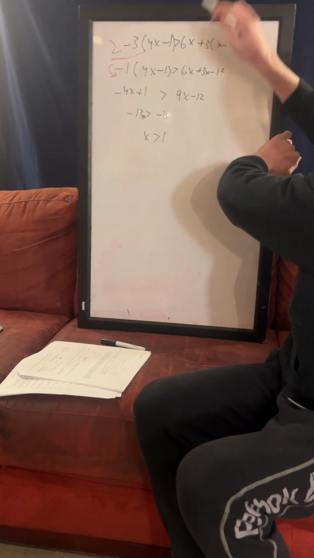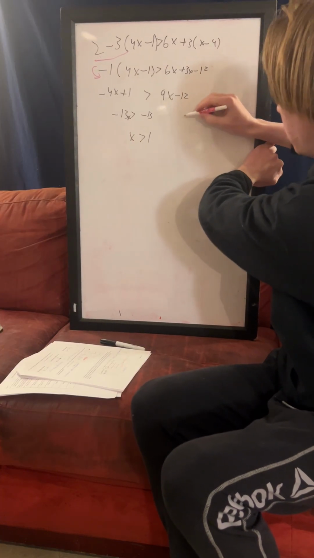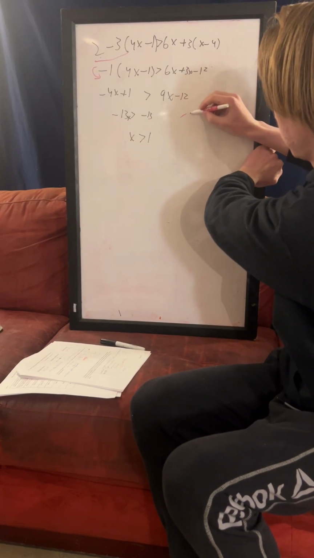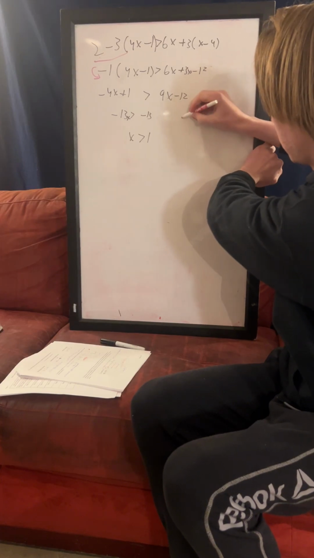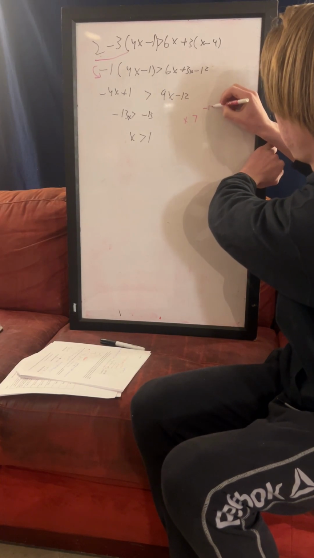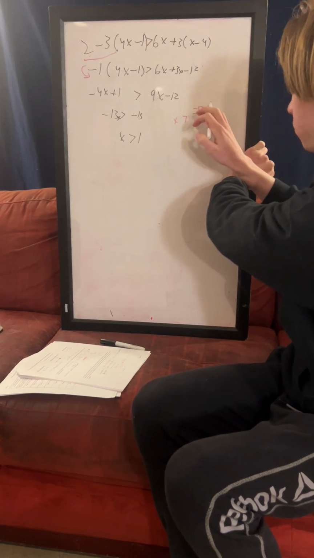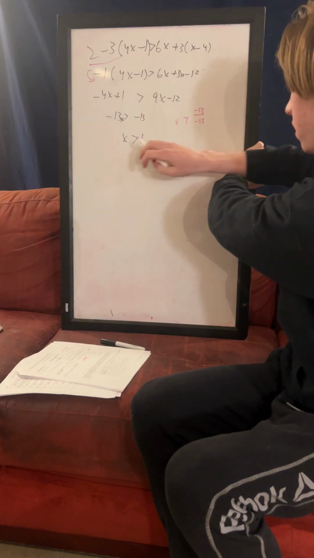What happened here is, x is greater than negative 13 over negative 13, which turns into 1, and that's what they have here.